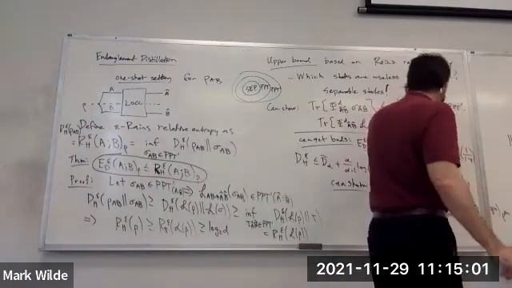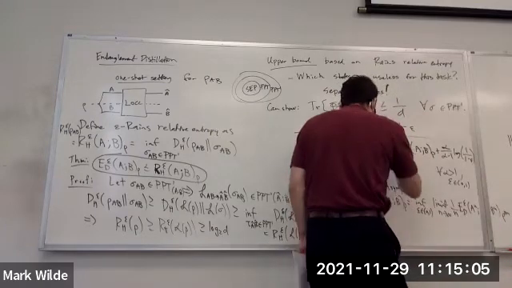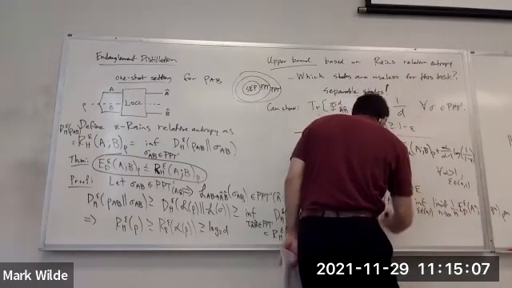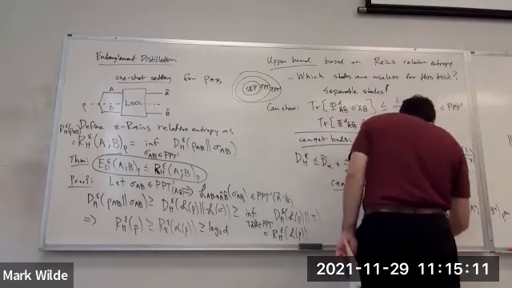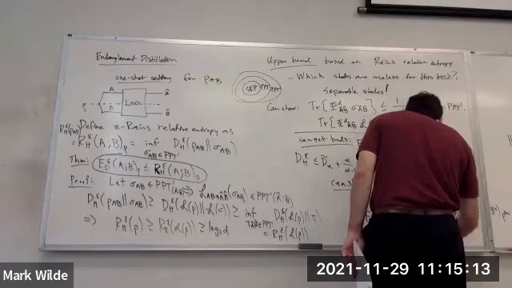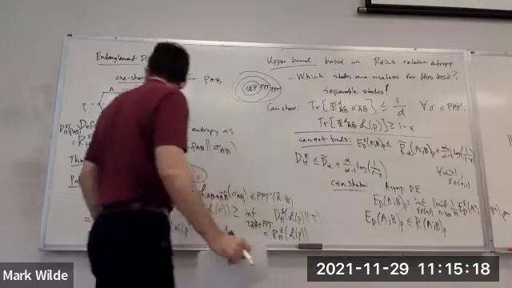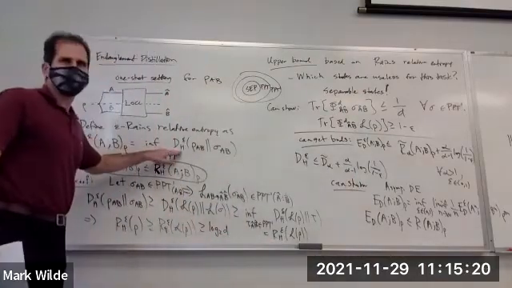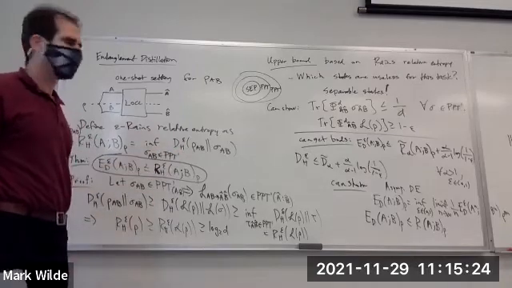So we can use this bound to get that distillable entanglement is less than the Rains relative entropy, or you get this quantity by replacing in the definition D_H^epsilon with the usual quantum relative entropy. Okay.